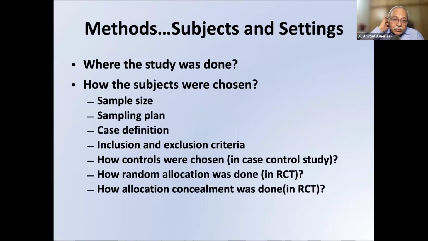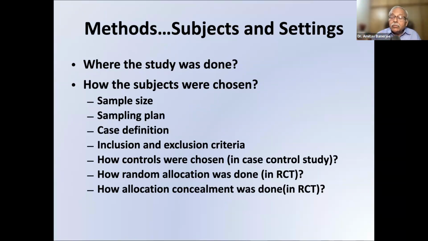In methods, where the study was done, the place, how the subjects were selected, sample size, sampling plan, case definition. How cases were defined, what the inclusion and exclusion criteria were, because the results would be applied to the target population which is defined by the inclusion criteria. How controls were chosen in a case control study, how random allocation was done in an RCT.